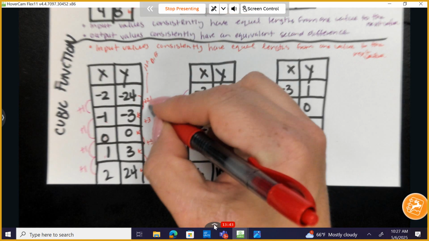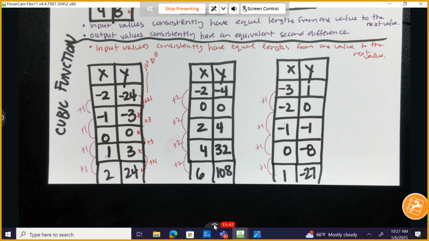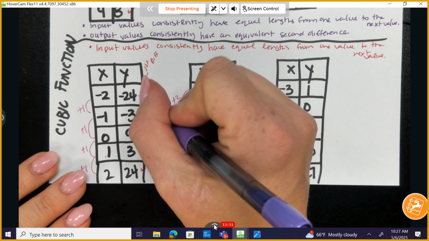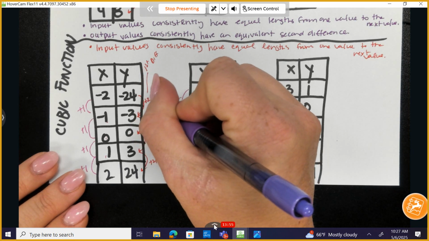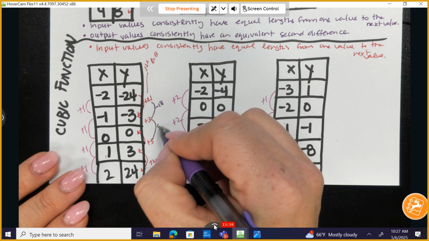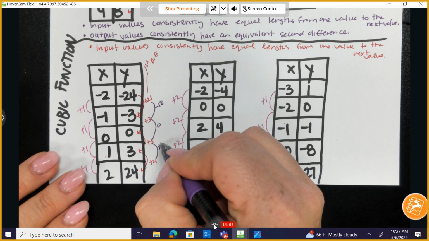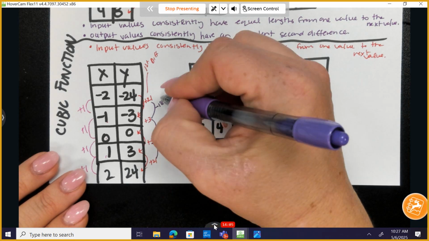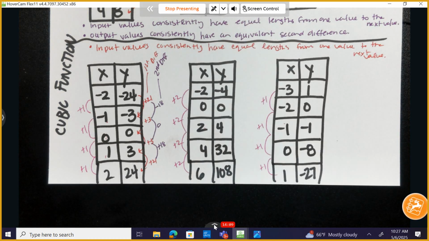I can see that those numbers are not the same, which means this is not linear. What do I do next? I check the second difference. To go from 21 down to 3, I have to subtract 18. From 3 to 3, there's no difference, so it's 0. From 3 to 21, I'm adding 18. These are not all the same numbers, so the second difference is not the same.